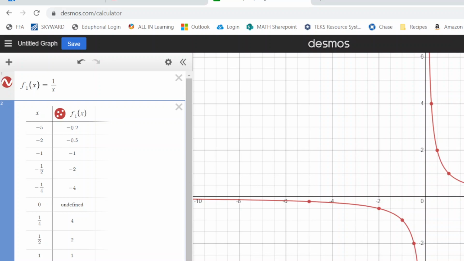So the x-axis is a horizontal asymptote. But notice also the y-axis. That is also a vertical asymptote, because as x approaches 0 from the right, and there's a way to notate that, I'll show you that when I get back to the notepad, this function approaches +infinity. f of x approaches +infinity.